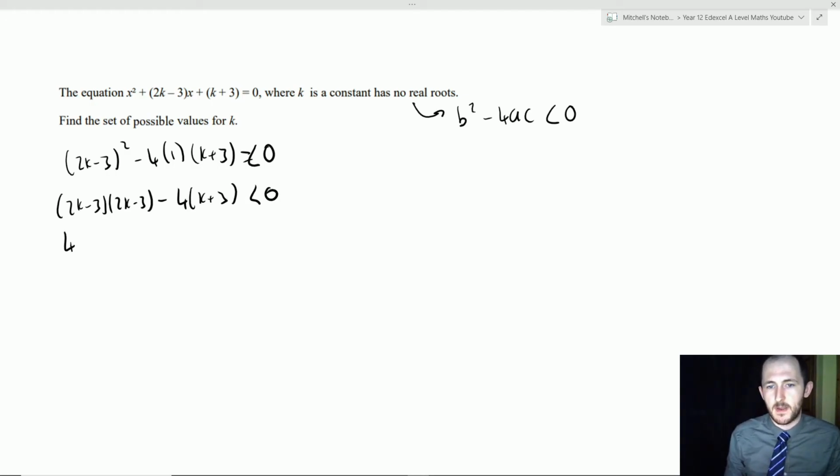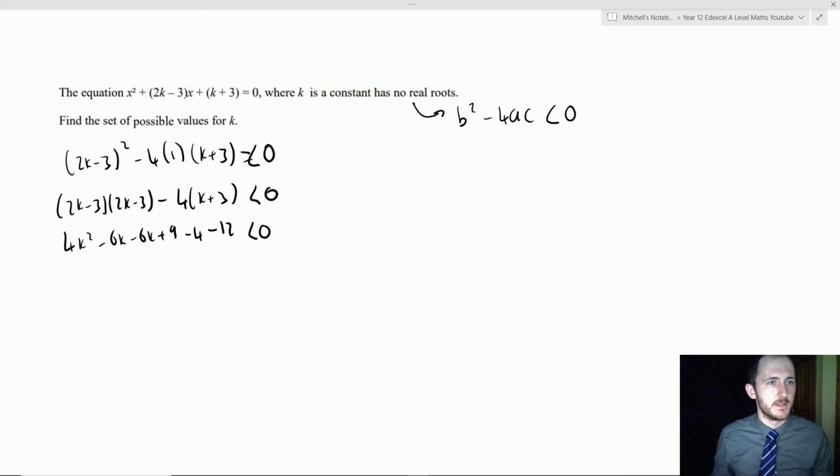Expand it. 4k squared minus 6k plus 9 minus 4k minus 12 is less than 0. Okay. Hopefully that should answer your question.